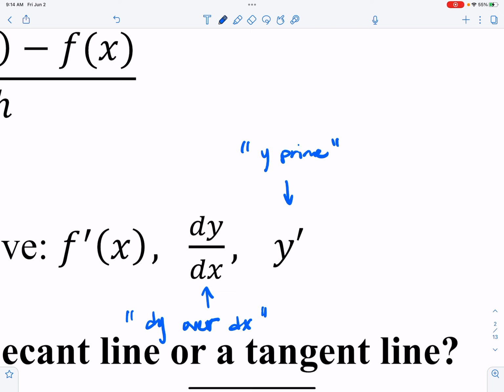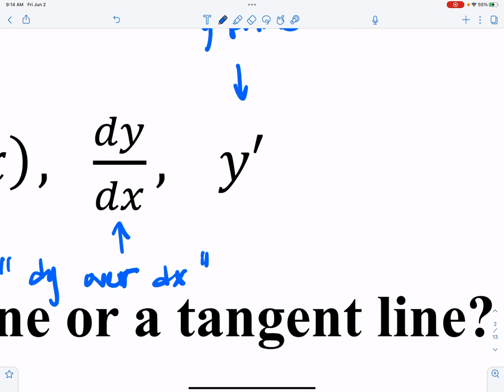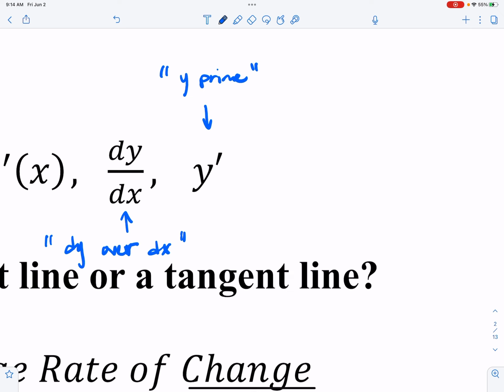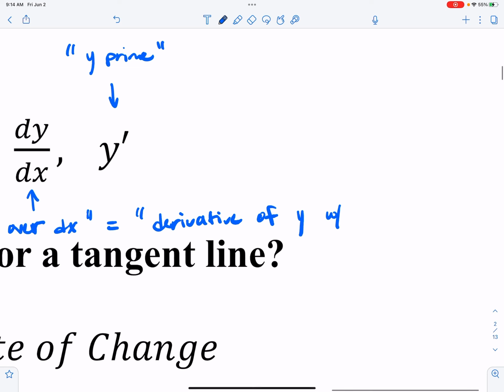These are some other common notations. Now, another way to read dy over dx is the derivative of y with respect to x.